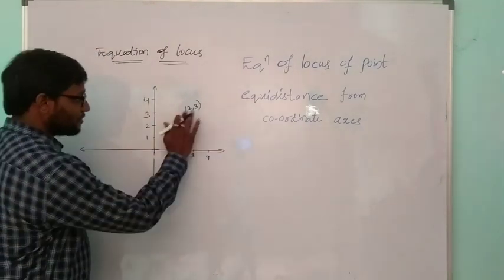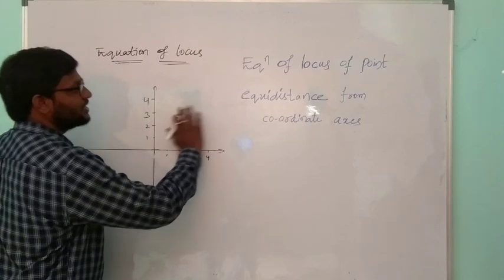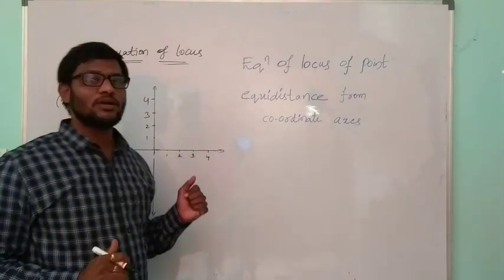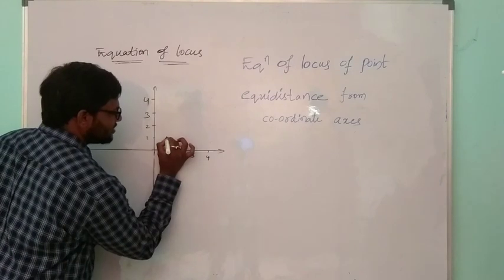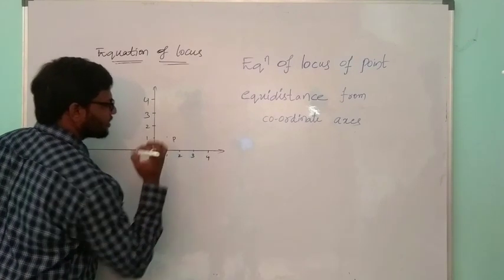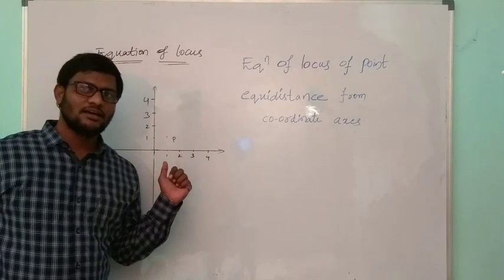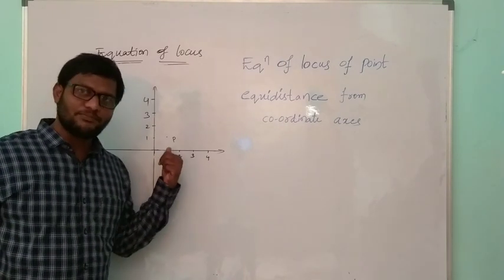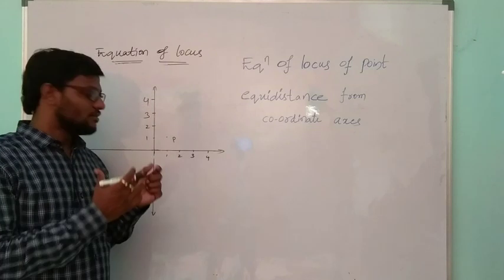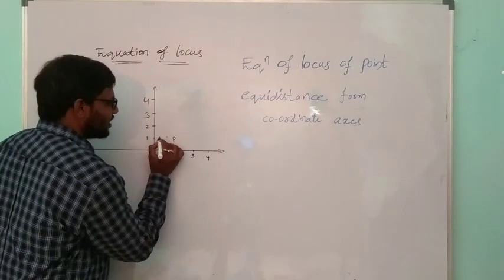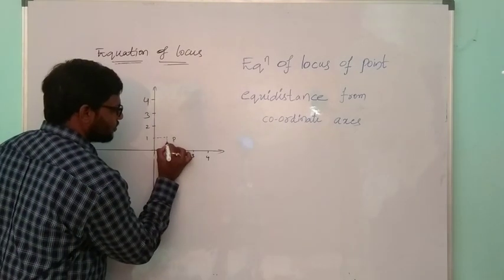But according to this condition, equidistant from the coordinate axes: let us take P, a point which is at a distance of 1 unit from the x axis and 1 unit from the y axis. This is 1 and this is also 1.